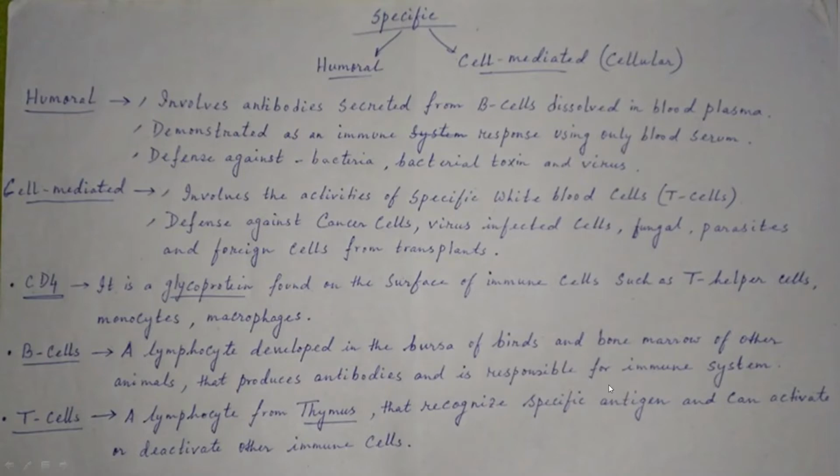Even in human blood, in the structure of antibody we have studied, B cells are present. So even in humans B cells are present.